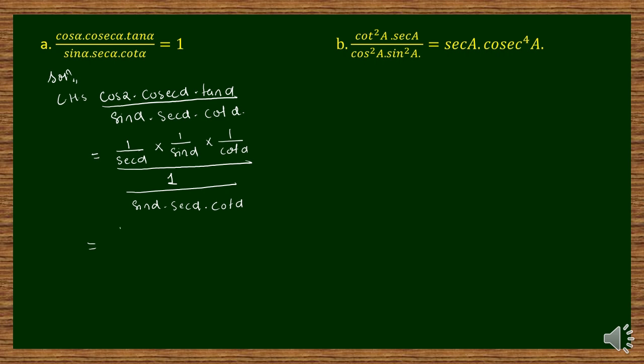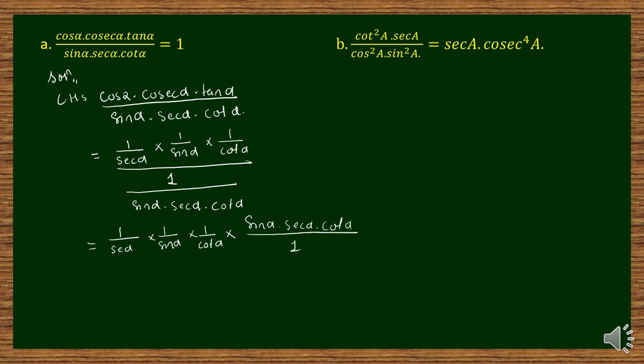In this way we can write 1 by sec alpha into 1 by sin alpha into 1 by cot alpha, multiplied by the reciprocal, the denominator will go into the numerator and the numerator will come into the denominator. Like we can write here sin alpha into sec alpha into cot alpha divided by 1.